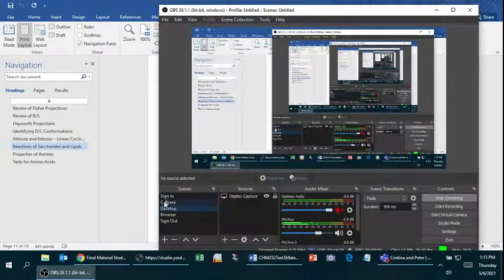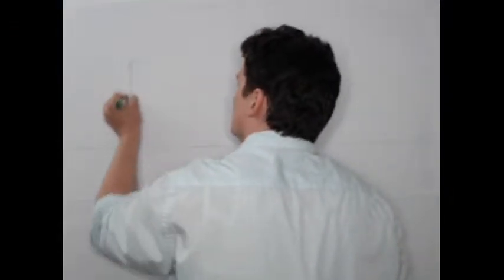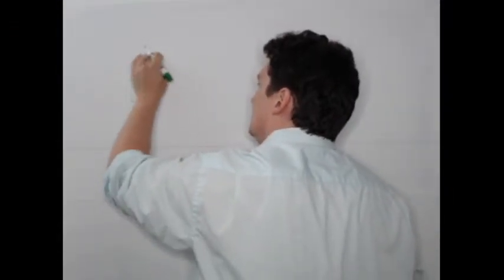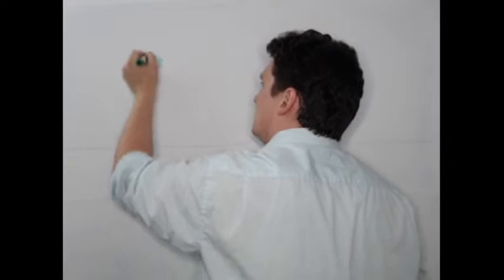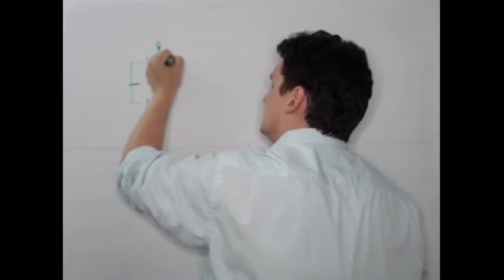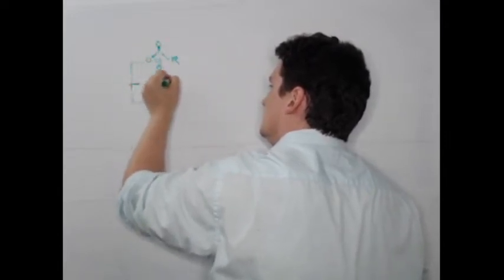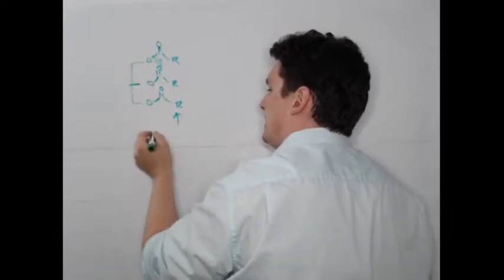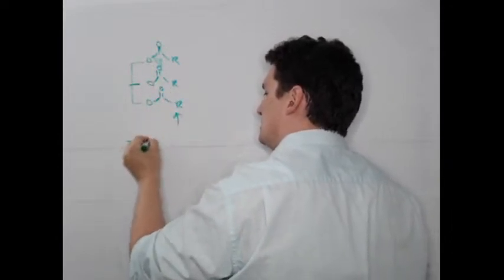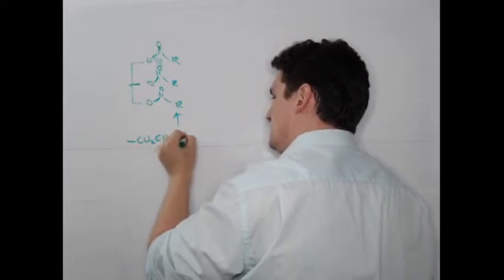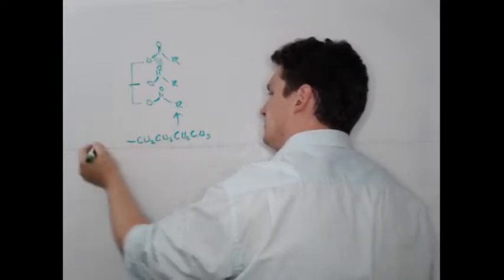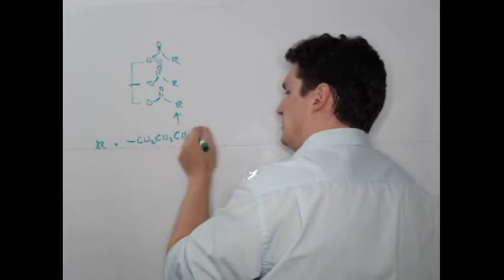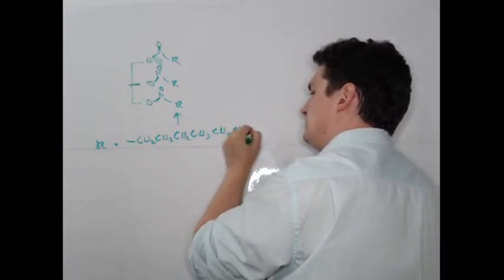So again, for that first one, I erased it. If you look at the first one, they're all basically this structure. Here R is a hexane chain, so CH2, CH2, CH2, CH2, CH2, CH3.